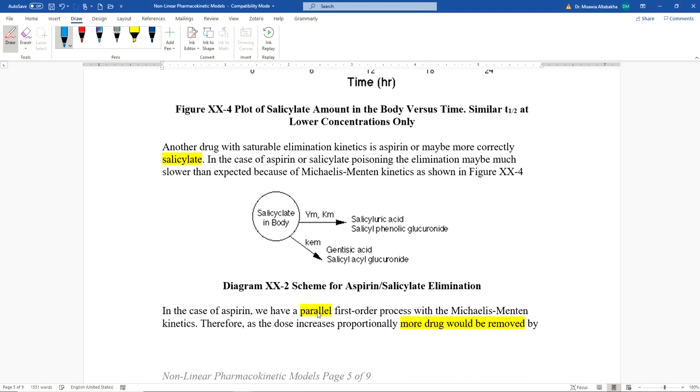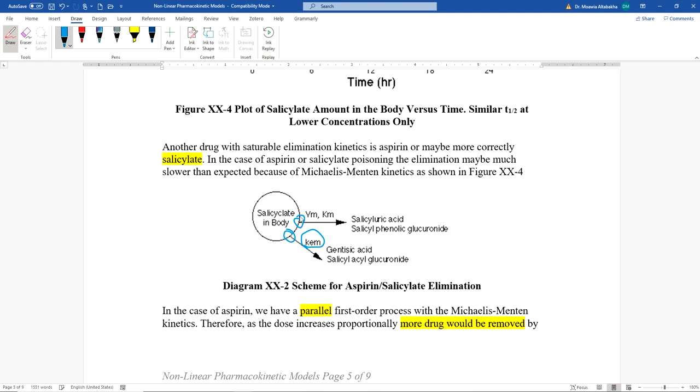If you remember, in the objectives we talked about parallel pathways, when one of the pathways is controlled by Michaelis-Menten parameters, VM and KM, while the other one is controlled by first order kinetics. So we have, let's say, KEM. Okay, we'll call it KEM.